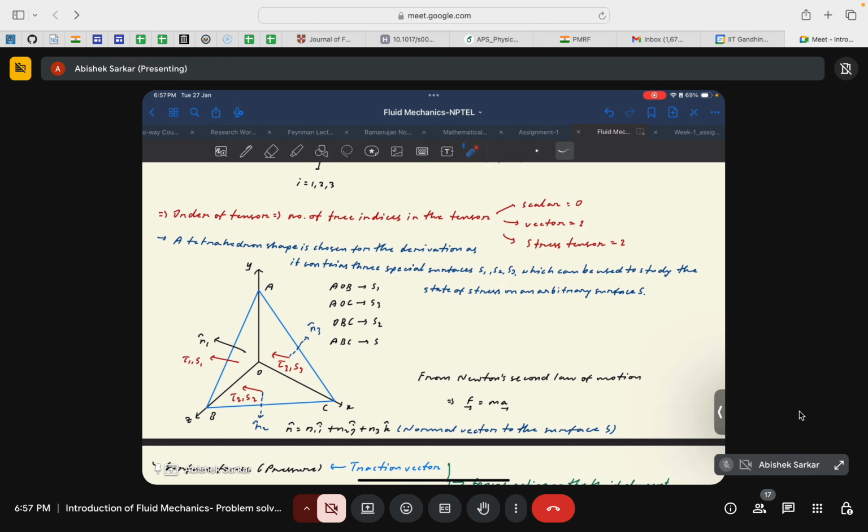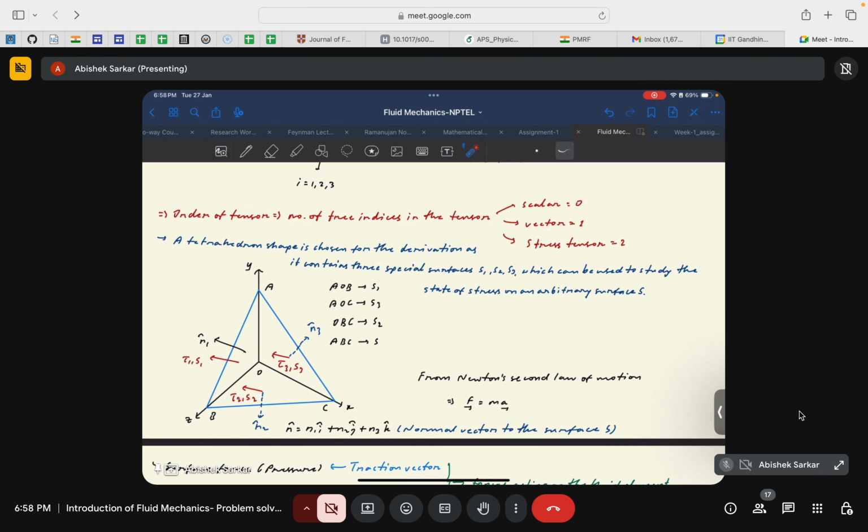Because the surfaces AOB, AOC, and OBC are along the special planes: the XY plane, XZ plane, and YZ plane. These are special because the directions normal to these planes are along the specified Cartesian coordinate directions. So it simplifies our analysis a lot.